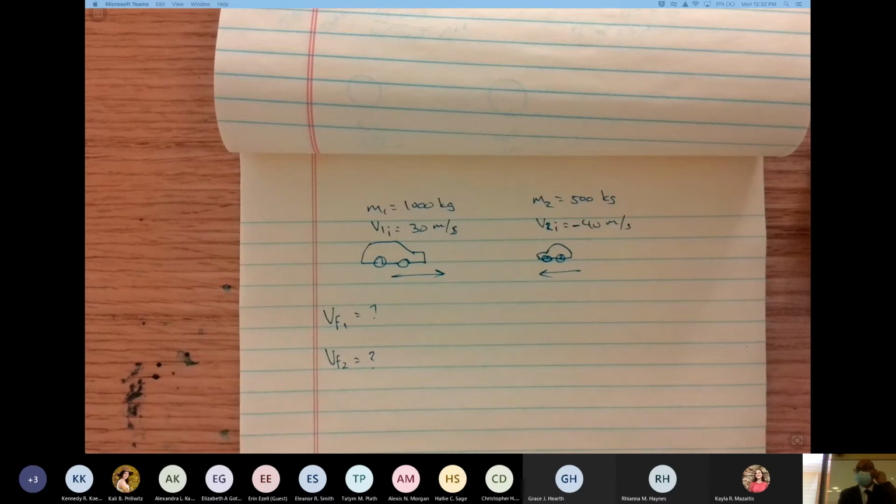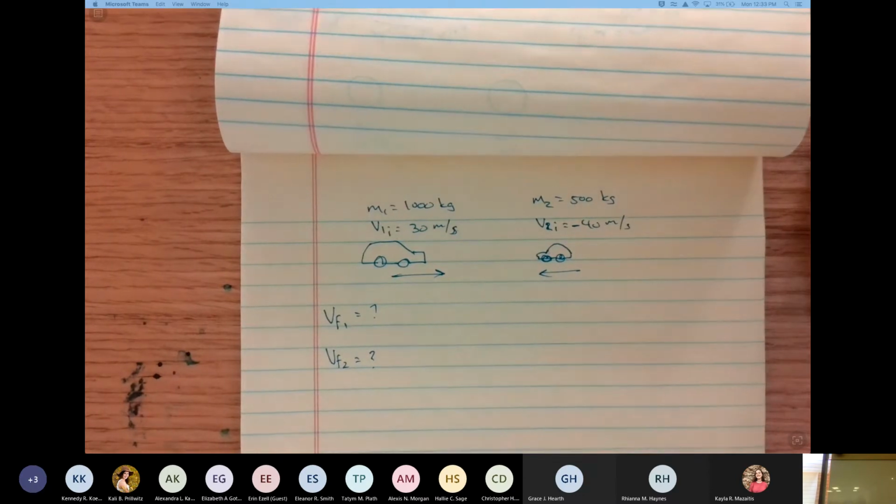Okay, so that's going to change your equations.